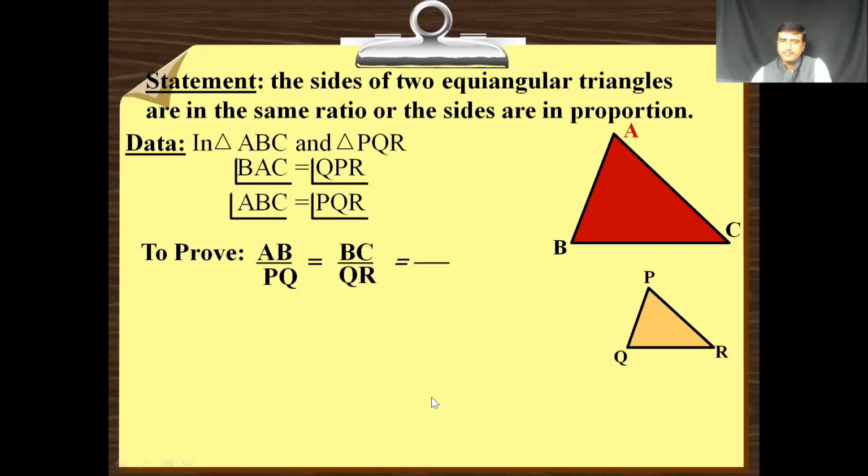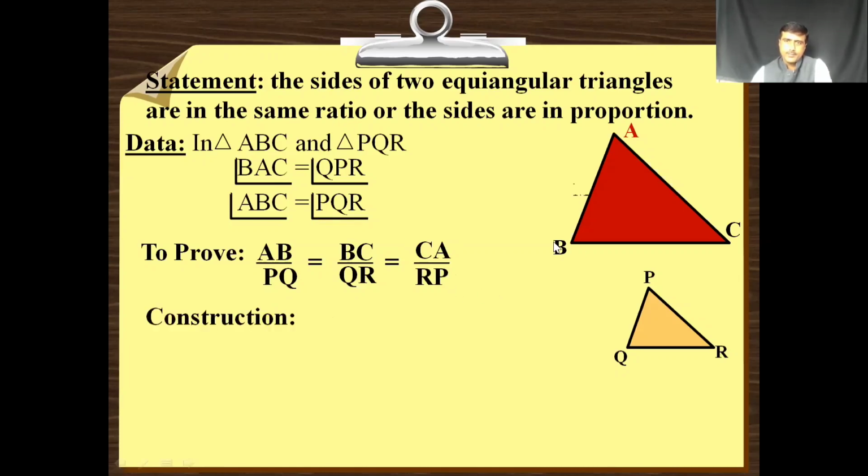Then the third side is AC, the remaining side, and PR. So these three sides are in the same ratio. That is what we need to prove.